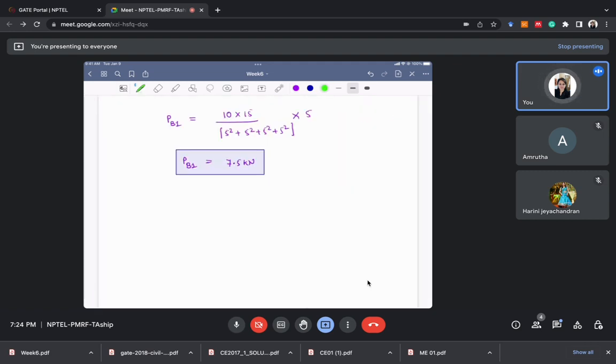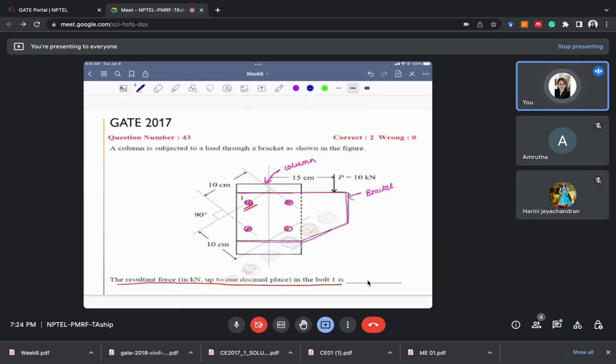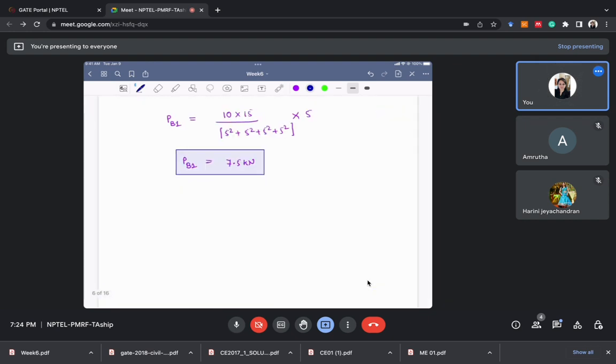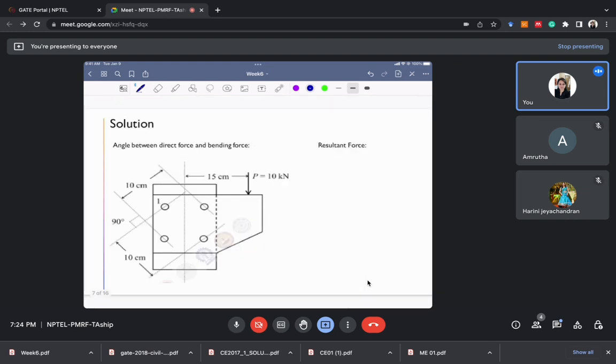In this question we are asked to calculate the resultant force, so we will calculate the resultant of the direct force and the bending force. Let's see how. The formula for the resultant force is F resultant equal to the square root of F1 square plus F2 square plus 2 F1 F2 cos theta, the resultant of two vectors which you must have studied in your 12th class also.